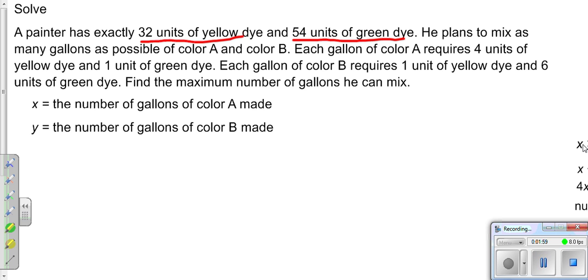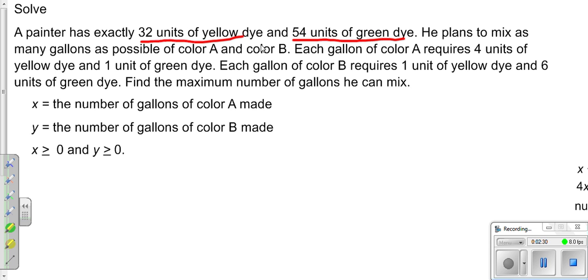So 2 of your inequalities are X has to be greater than or equal to 0 and Y is greater than or equal to 0. Are you going to have inequalities like this in all your problems? No. On most, yes. Because most of these are real life situations, and a lot of times negative amounts don't make sense unless you're dealing with money or something along that line.